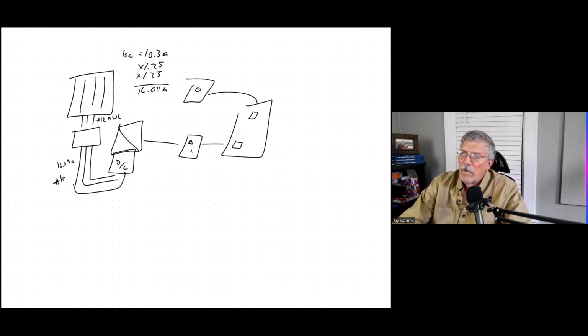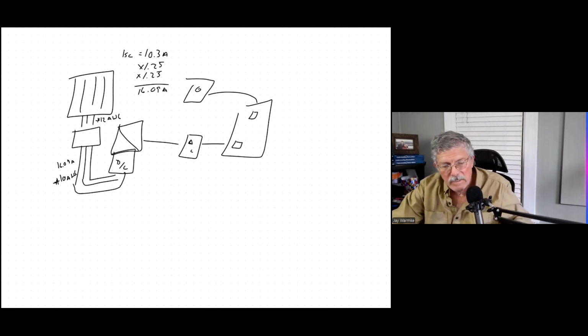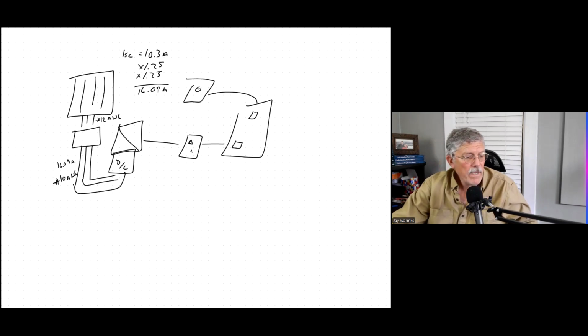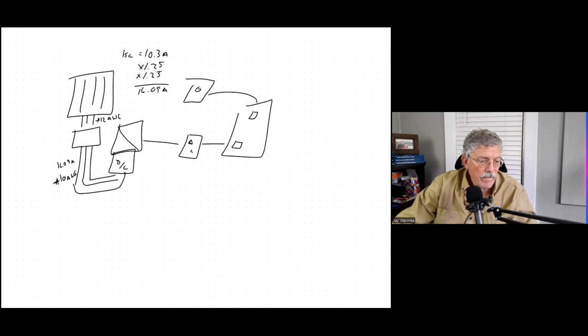One of the reasons is, what if this wire was exposed to sunlight and it's in conduit lying on the deck of the roof? Well, on page 112, there are some temperature correction factors.